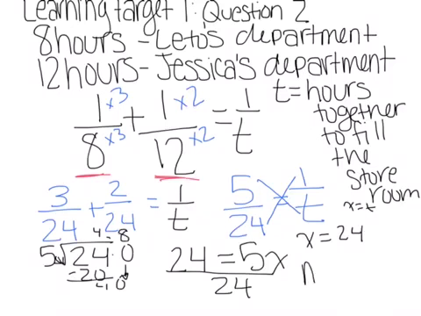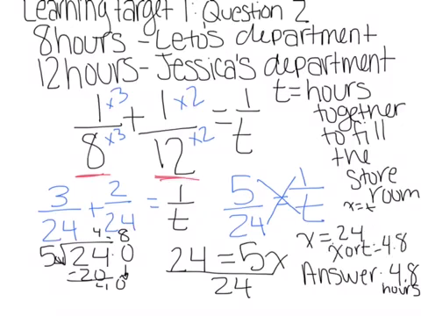So your x value or your T value is going to be equal to 4.8 hours. So x or T equals 4.8, and that is your answer.